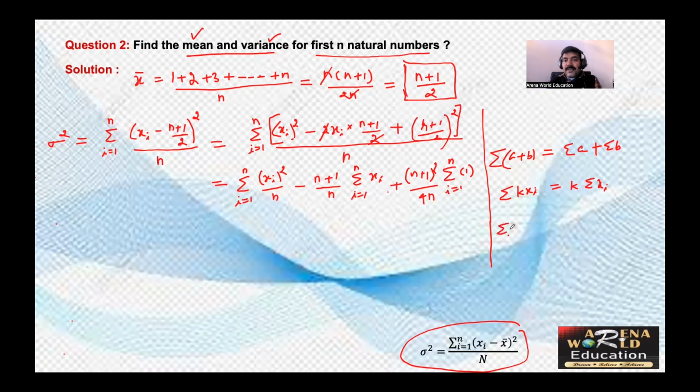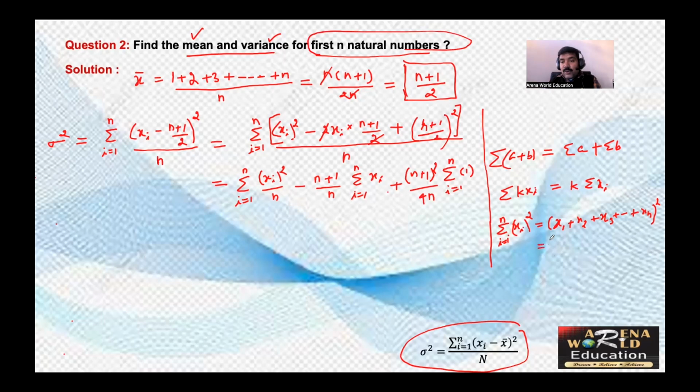Now summation i equal to 1 to n xi square will be equal to x1 plus x2 plus x3 plus and so on up to xn whole square, right? What is x1? It is 1, x2 is 2, x3 is 3, because we are talking about first n natural numbers, right?